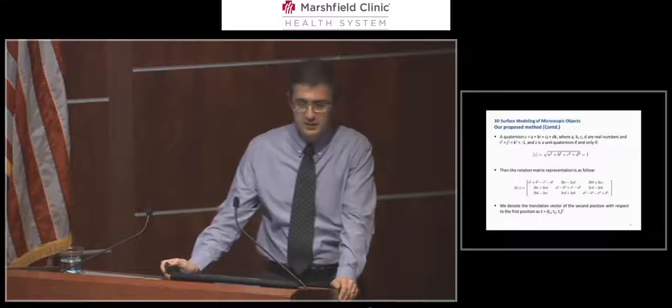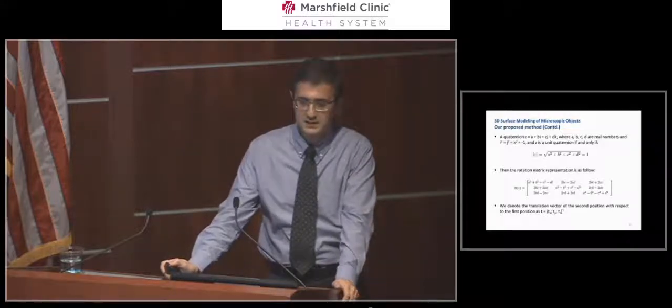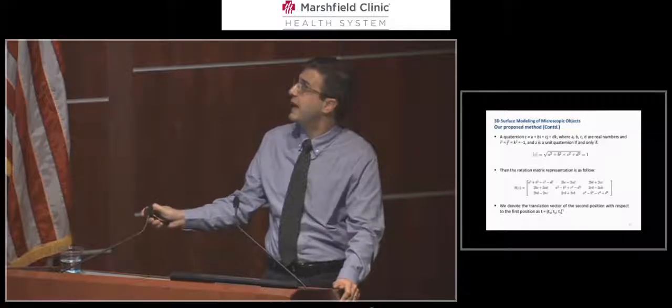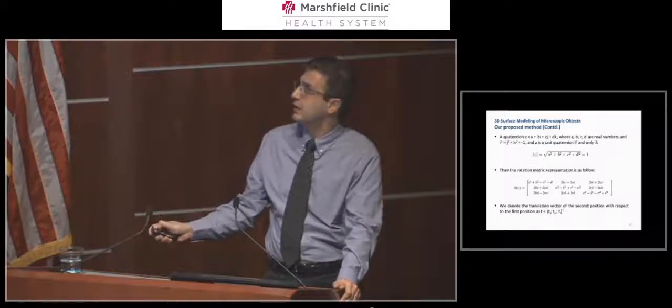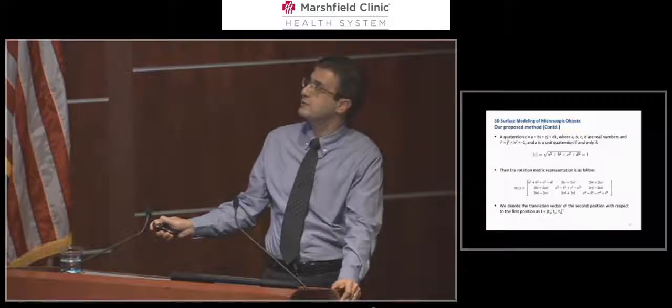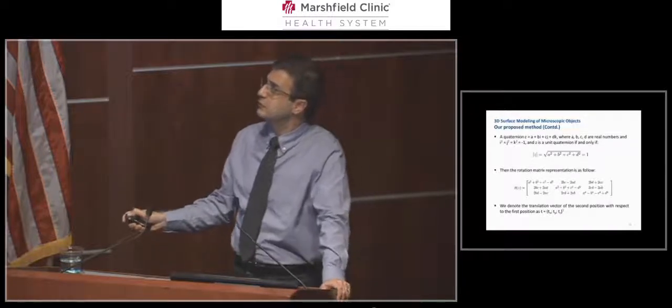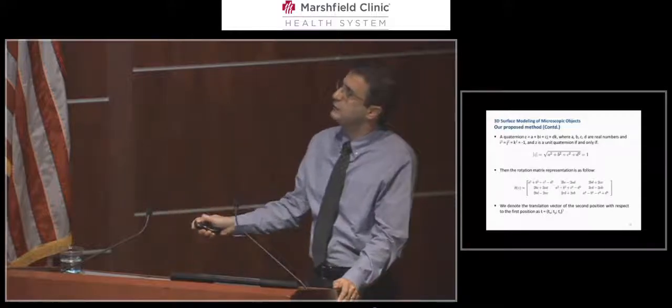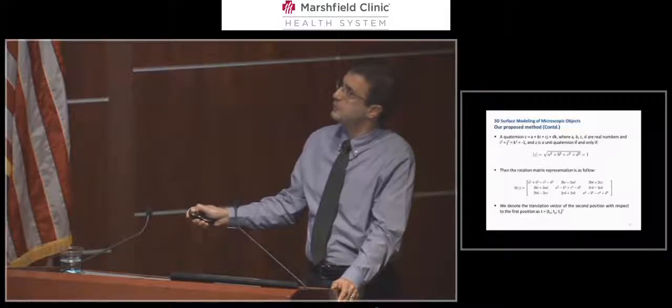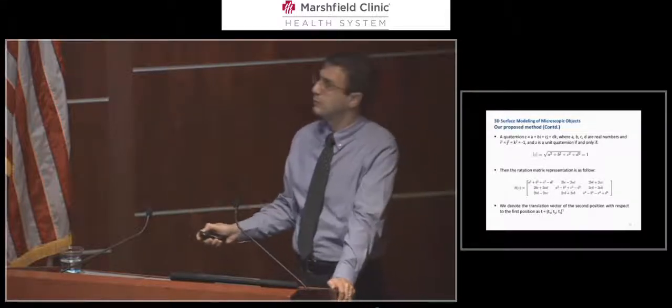A quaternion Z would be equal to a plus bi plus cj plus dk, where a, b, c, and d are real numbers, and i squared equals j squared equals k squared equals -1. And Z is a unit quaternion if and only if the absolute value of Z, which equals the square root of a squared plus b squared plus c squared plus d squared, is equal to 1.